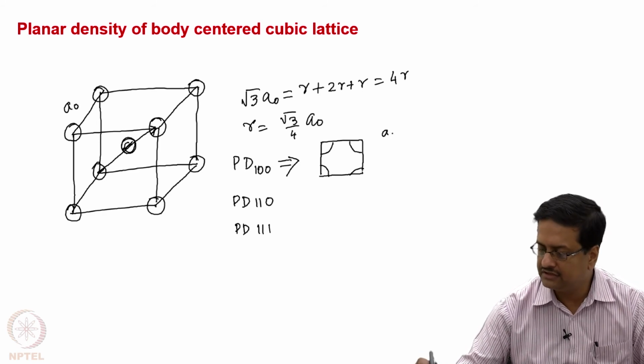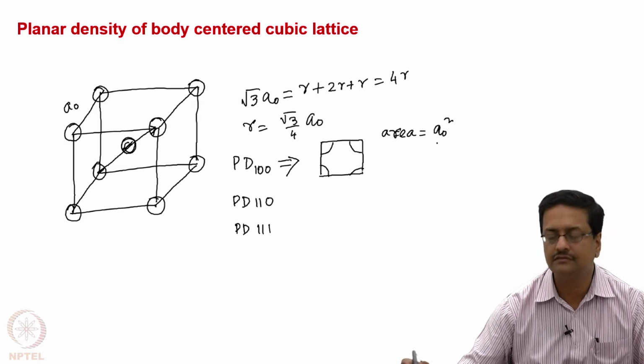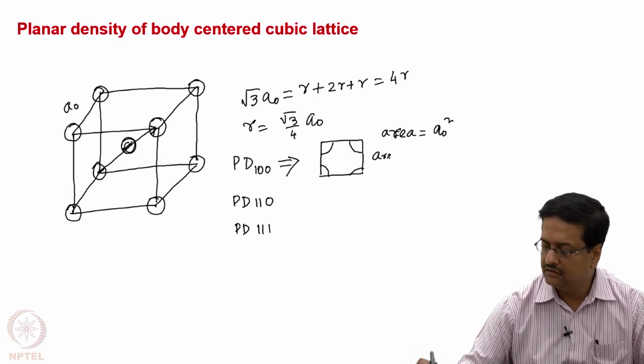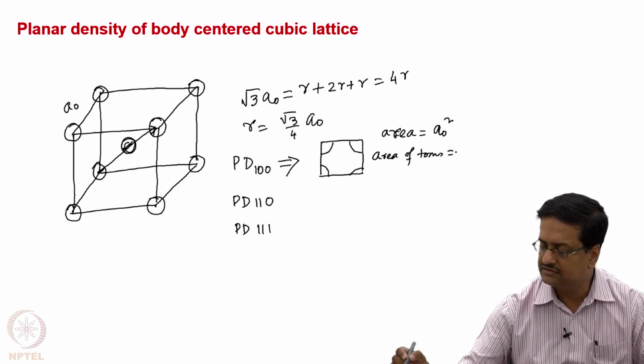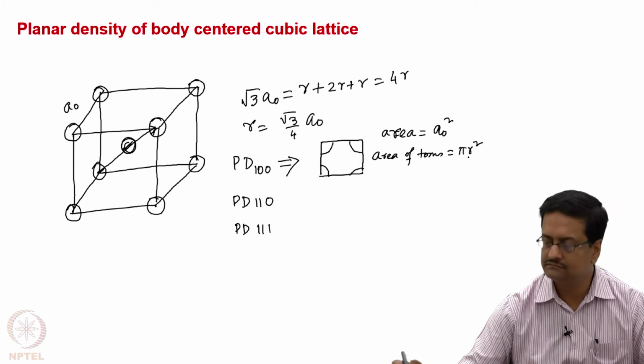The area of this surface is nothing but a0 square. Area of atoms is nothing but pi r square.